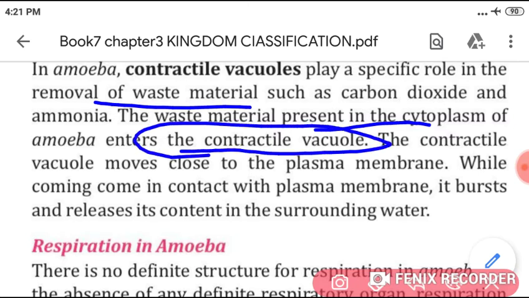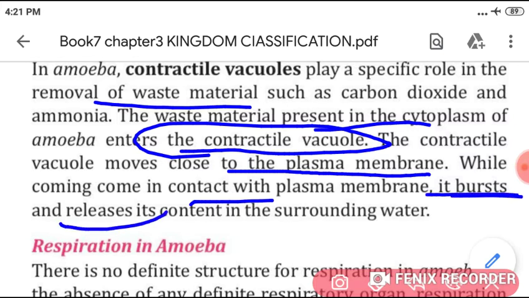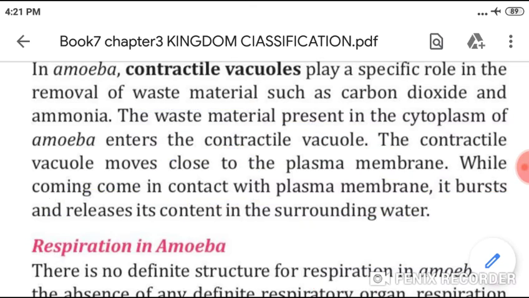The contractile vacuole. Now this contractile vacuole comes close to the plasma membrane. While coming in contact with the plasma membrane, what happened? It bursts, and the waste product is released in the surrounding water.